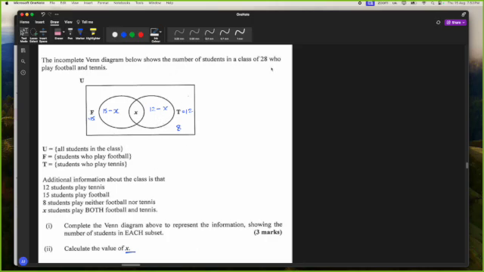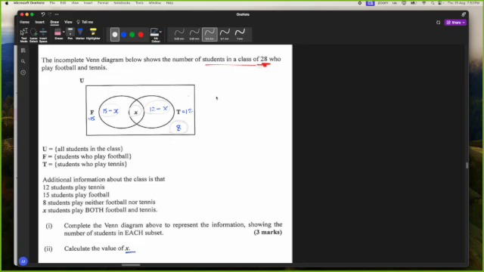Did they give us the total amount? A class of 28, right? So it's 28 here. Right? So students in a class of 28. So that means that this plus this plus this plus this will give me 28.